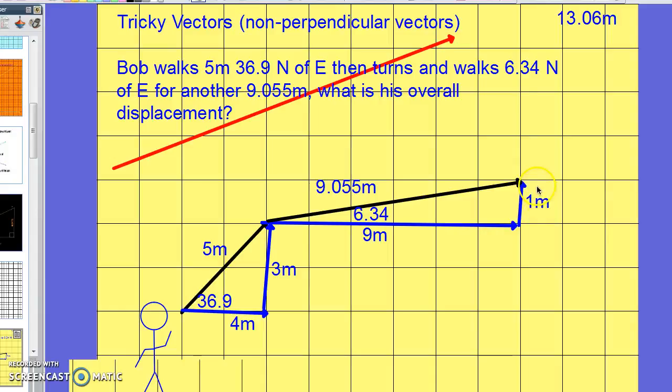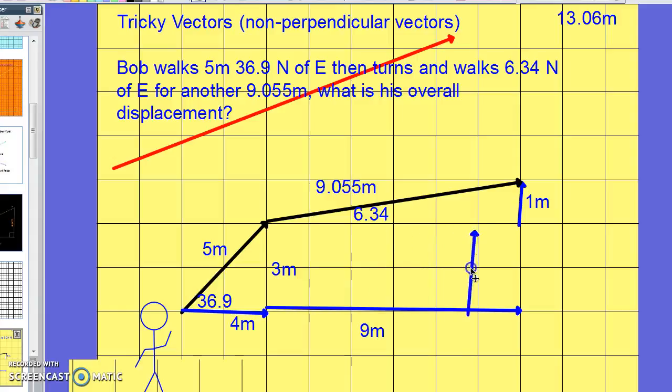So once we have those pieces of information gathered, our next step is to make one nice right triangle using the xy axis. So I'm going to move this vector down, and that's 9 meters down. I'm going to move this vector over. Notice how I'm moving my vectors.